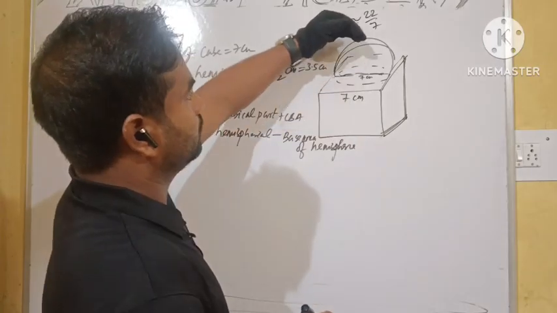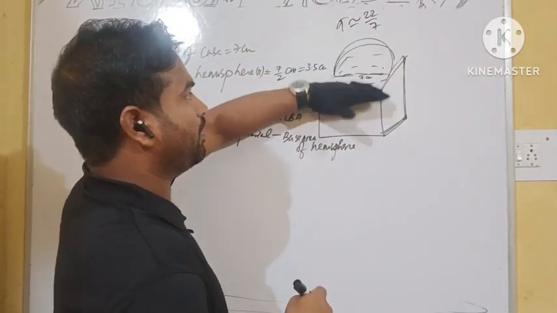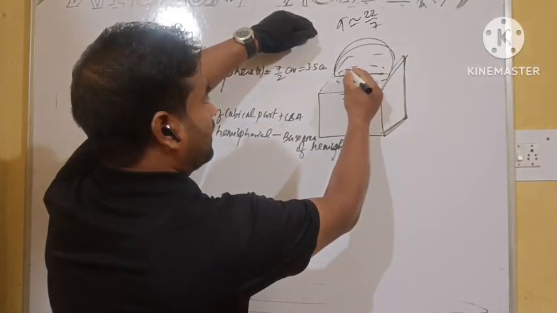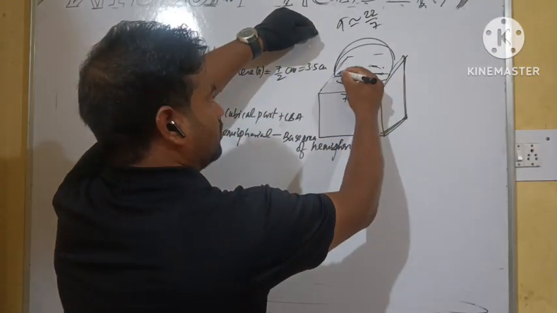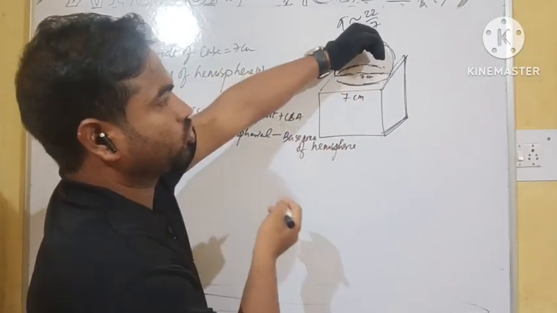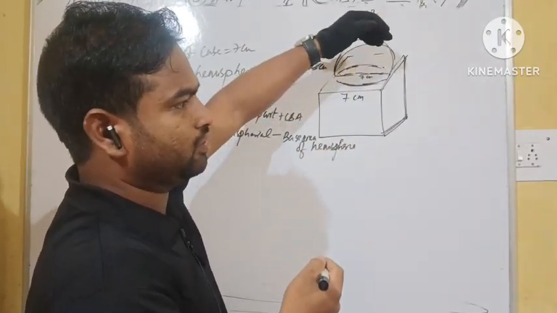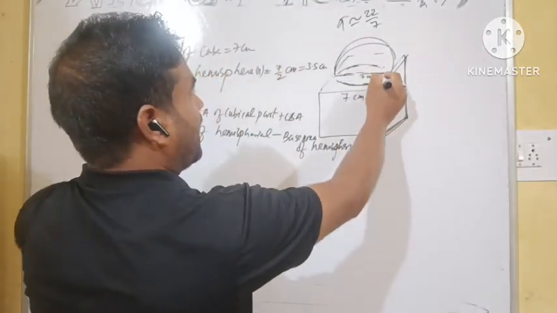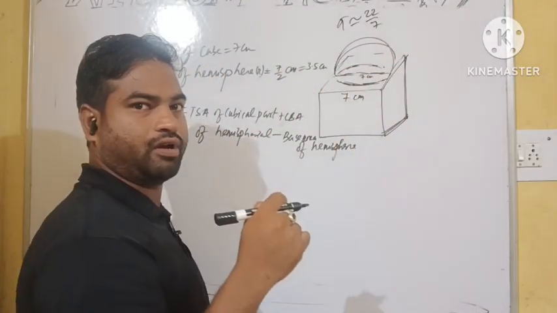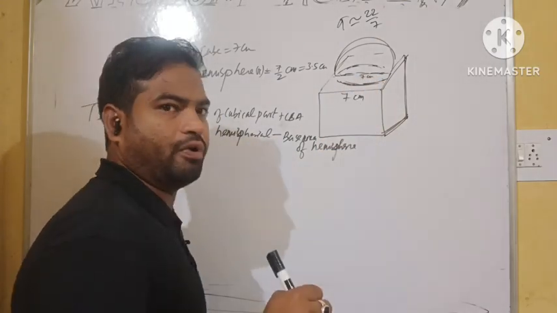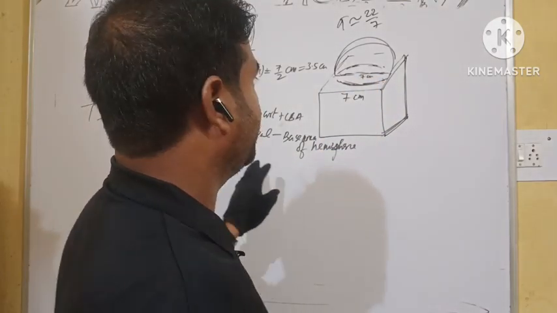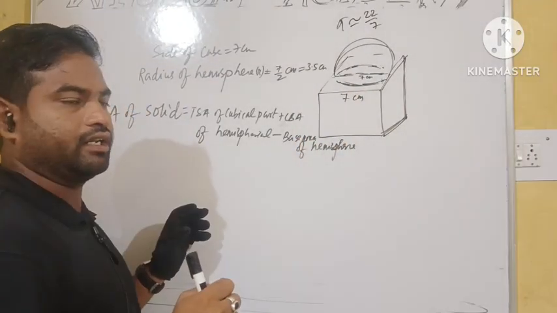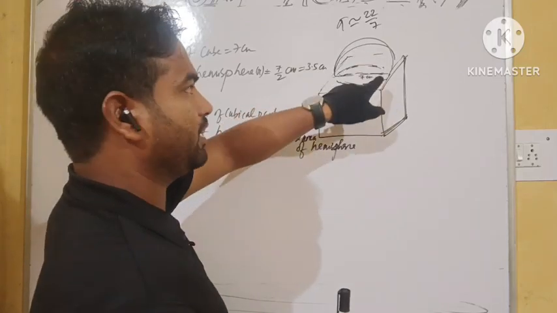Where the hemisphere is surmounted above the cubical block, the base of the hemisphere lies on the cubical block. So this area is covered, and we need not find the base area of the hemisphere in this solid.